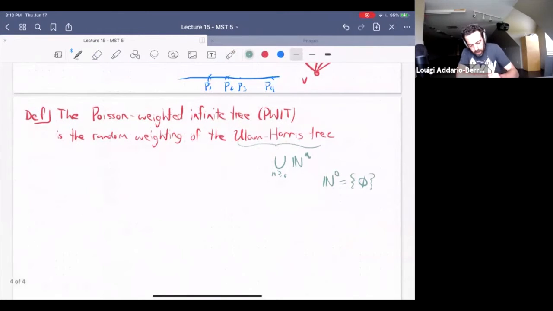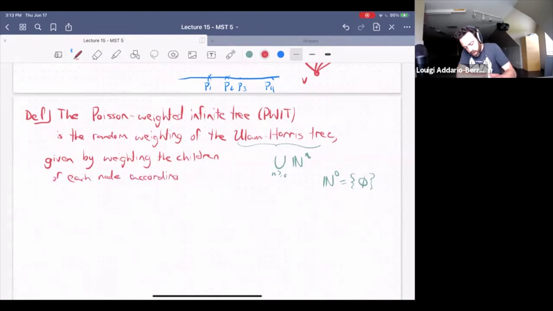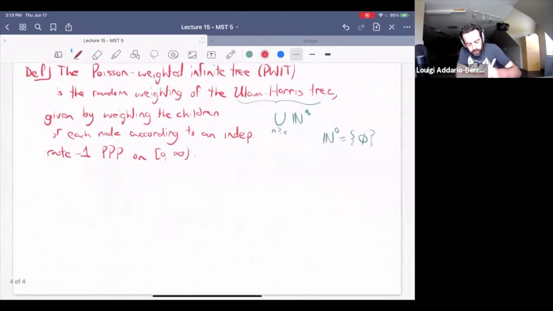So the way we're going to assign the weights is weighting the children of each node according to an independent rate one Poisson point process on 0 infinity, independent over different nodes.